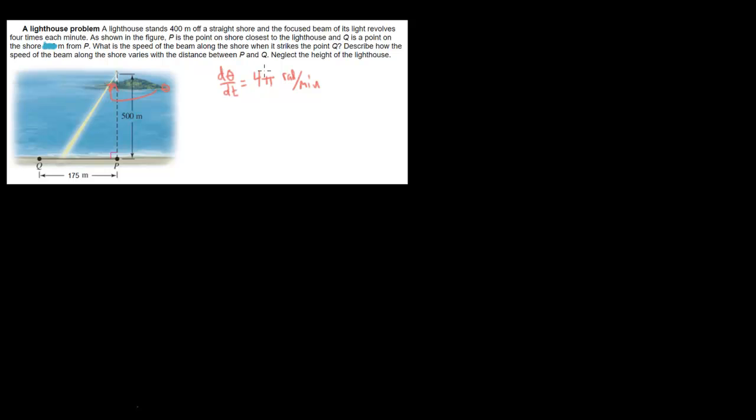That first sentence tells me that we're talking about a theta changing at a rate of 4 pi radians per minute, because that's 2 complete rotations per minute. 4 pi, because there's 2 pi in 1 rotation.